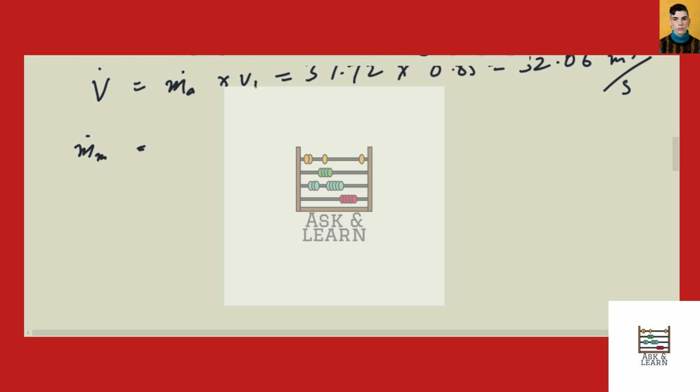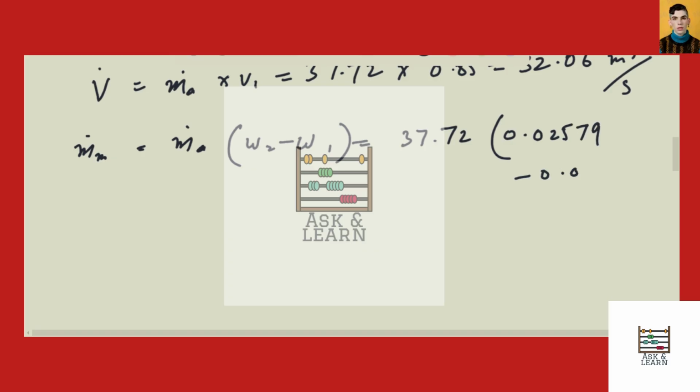Now we have MA multiplied by W2 minus W1 is equal to 37.72 multiplied by 0.02579 minus 0.00923, and that is equal to 0.62 kg per second.